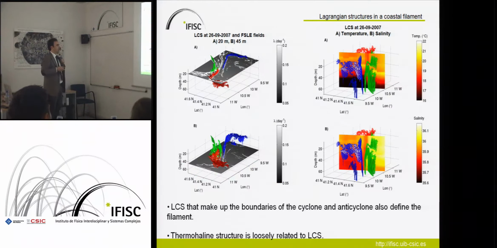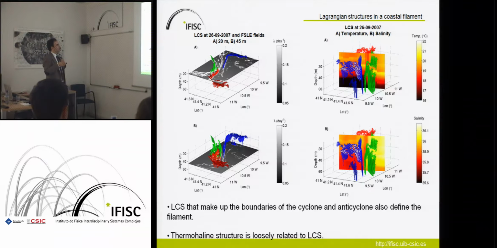So this was the conditions inside, and now we wanted to look at the three-dimensional structures and how they are affecting these dynamics. We can see here first some three-dimensional structures limiting the inside of the filament. Here it would be the anticyclone, and here you can see its Lagrangian boundaries in green.